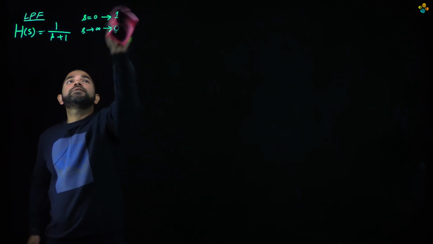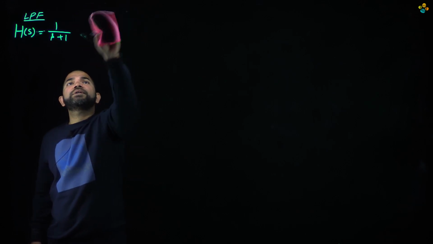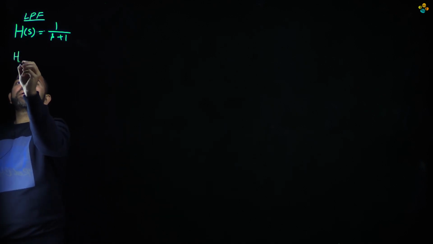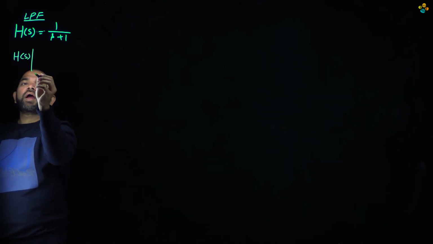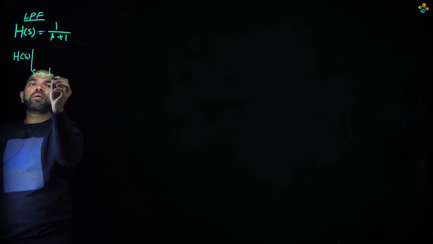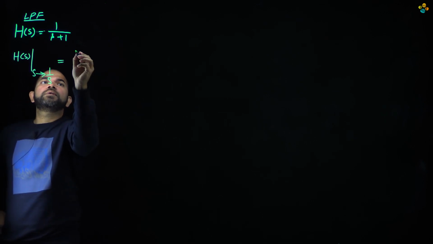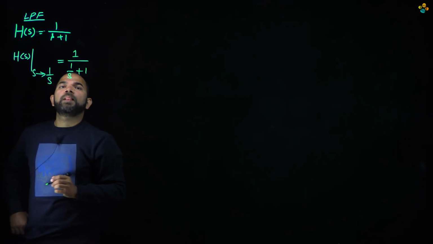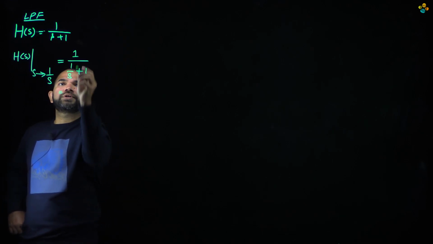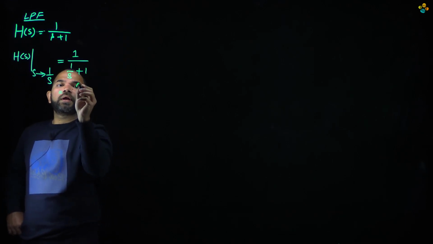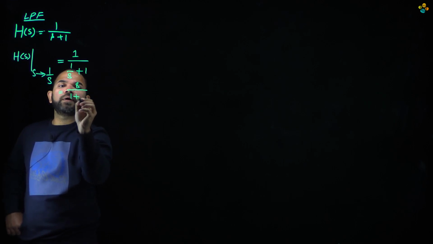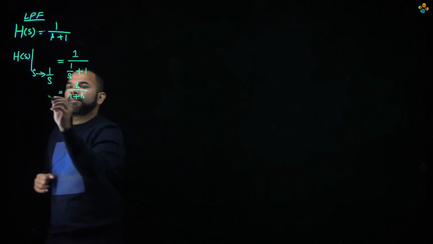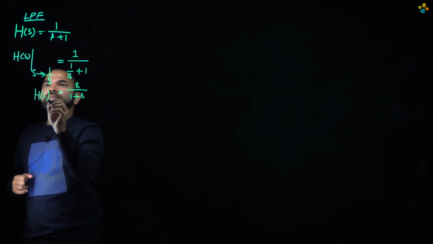Okay, let's see a very simple transformation on this. What if we make this transfer function and we define this S with 1 by S? So what is going to change in this transfer function? It is going to become S divided by 1 plus S. Let's do the same analysis.